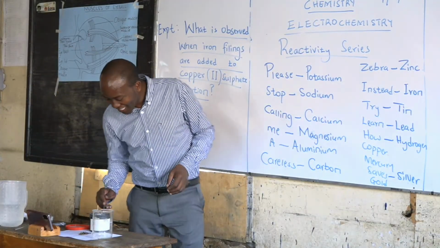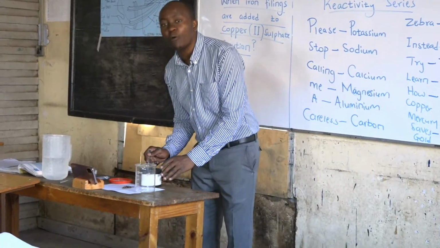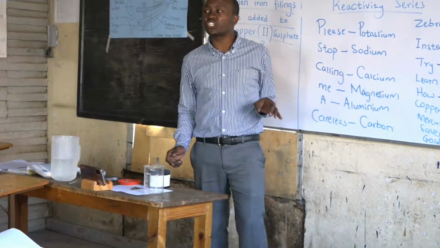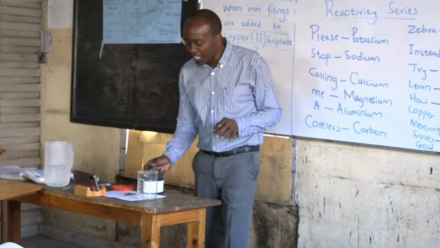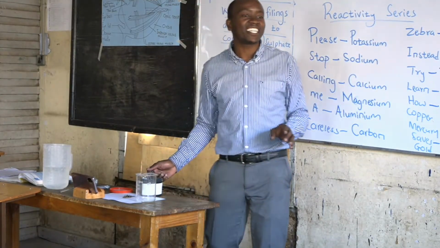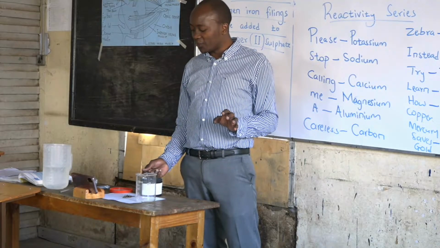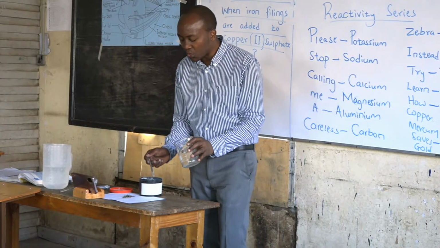So I have copper(II) sulfate here. I'm going to make a solution of copper(II) sulfate. What is the color of copper(II) sulfate when it is hydrated? This is a blue salt.